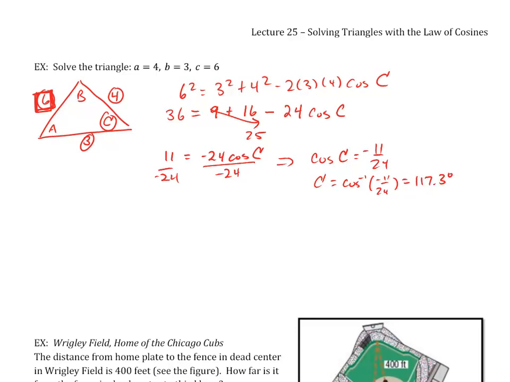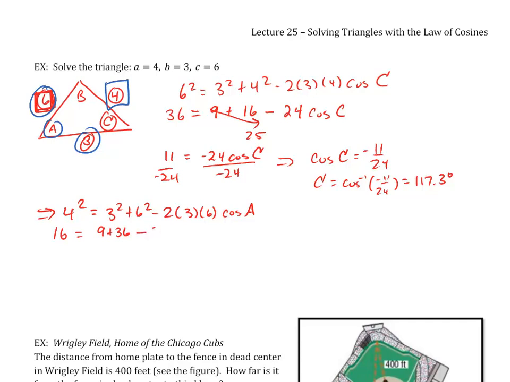And so now I'll repeat again with another set of angles. Let's say we do these three here to figure out A. So 4 squared would be equal to 3 squared plus 6 squared minus 2 times 3 times 6 cosine of A. So that's 16 equals 9 plus 36 minus 36 cosine of A. 9 plus 36 is 45.